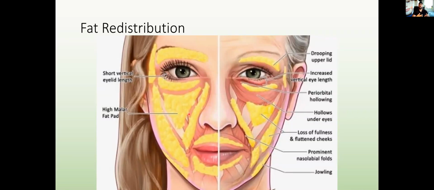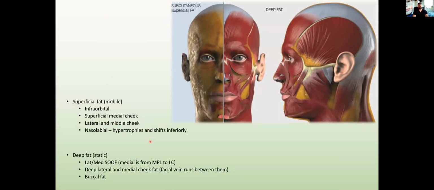They're dynamic, they allow us to have facial expression. And then you have your deep fat pads, which are static. They tend to be adhered to periosteum and they are static. We'll have a look at what happens to each of these as we age. If you look at this diagram here, on the left-hand side we've got the superficial fatty layer, and then here we've got the deep fat.